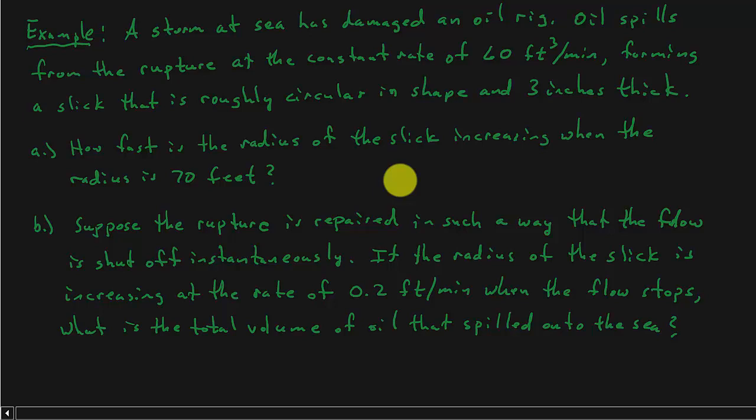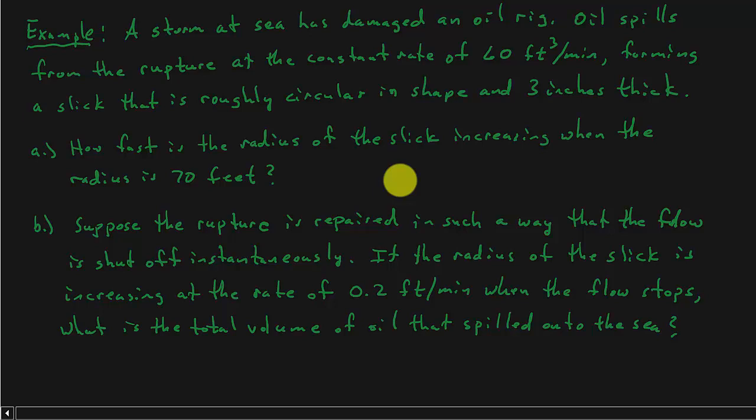How fast is the radius of the slick increasing when the radius is 70 feet? And then B, suppose the rupture is repaired in such a way that the flow is shut off instantaneously. If the radius of the slick is increasing at the rate of 0.2 feet per minute when the flow stops, what is the total volume of oil that spilled onto the sea?